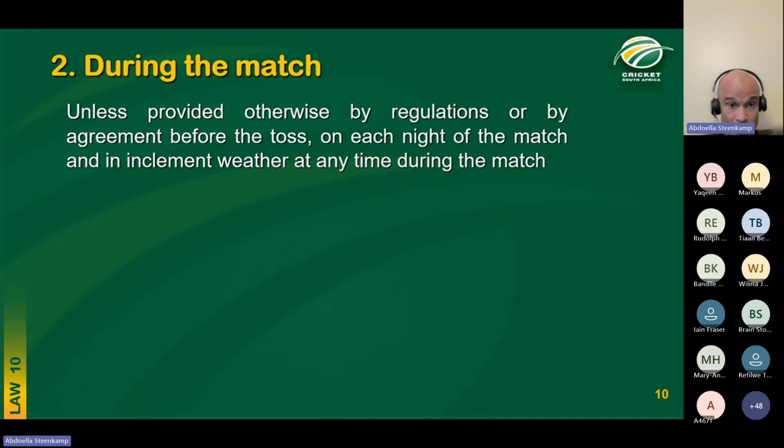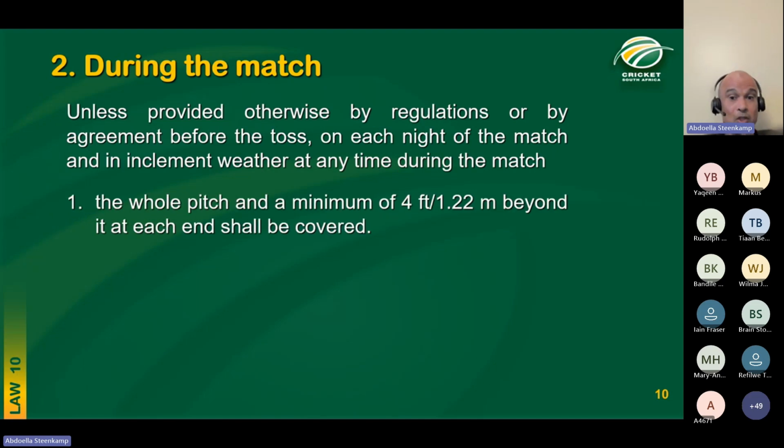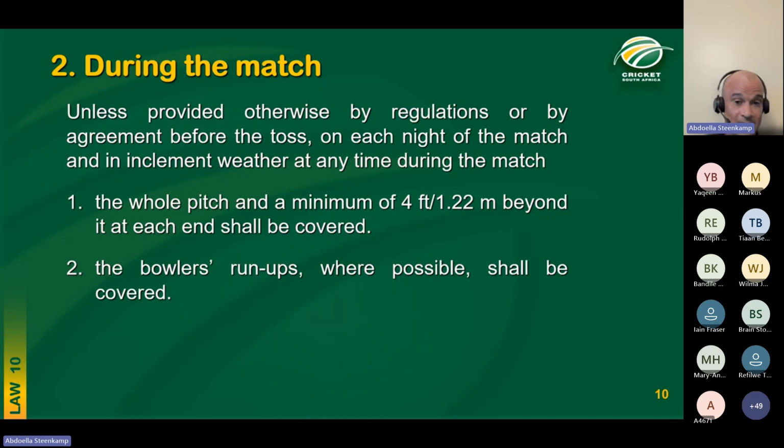Once the game has started, the law guides us by telling us that on each night of the match and in inclement weather, the pitch needs to be covered. The law speaks about the whole pitch to be covered and 1.22 meters beyond at each end, and the bowlers' run-ups to be covered.